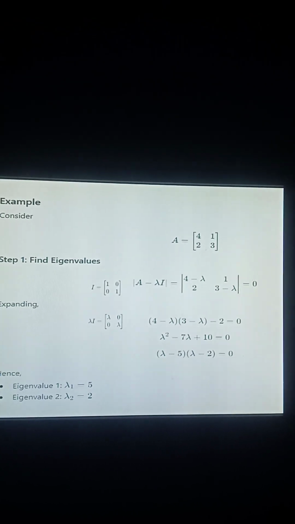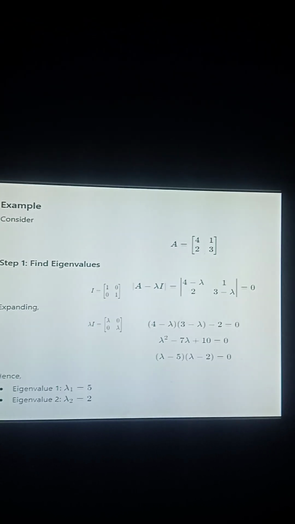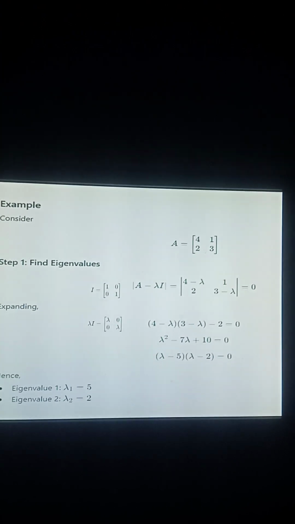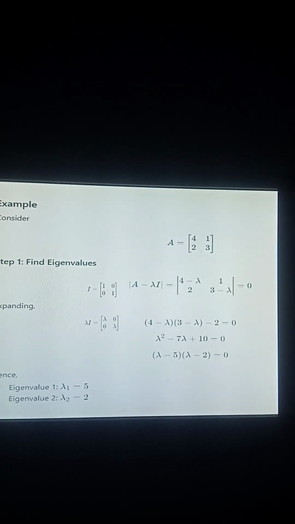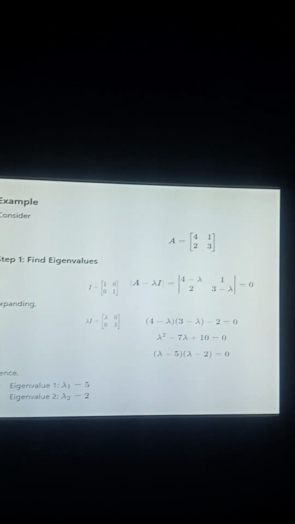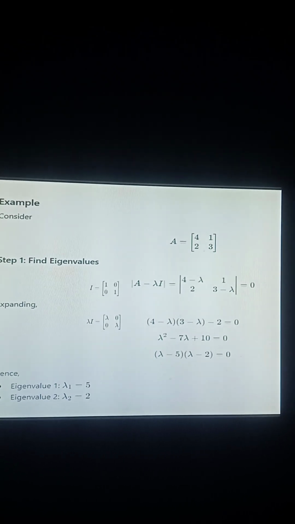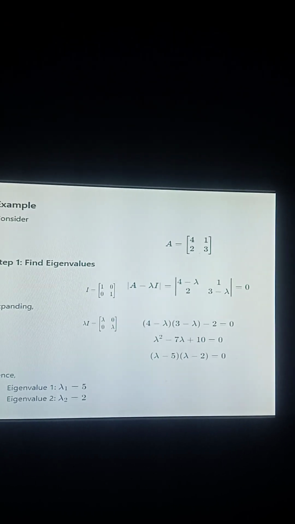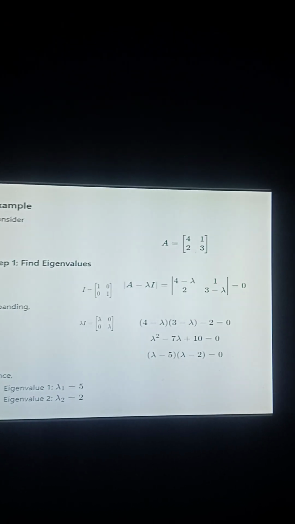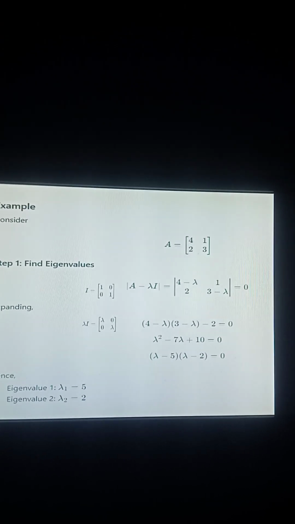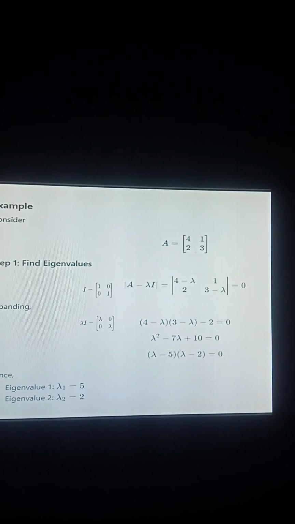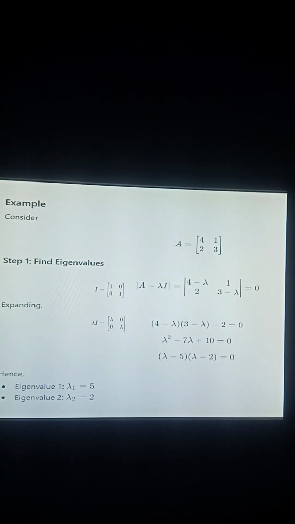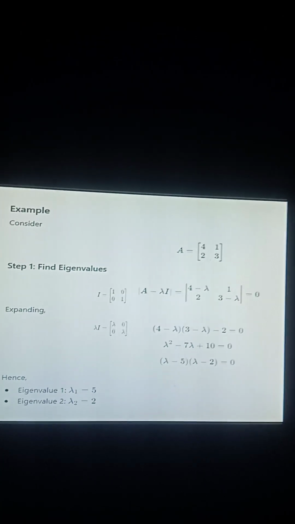This you can write as 4 minus lambda into 3 minus lambda minus 2 into 1, which comes as lambda square minus 7 lambda plus 10 is equal to 0, like the equation ax square plus bx plus c. If you are forming two factors, their product should be c, that is 10, and their sum should be b, that is 7. That condition is satisfied with 5 and 2. So we can write lambda minus 5 into lambda minus 2. So lambda 1 is 5 and lambda 2 is 2.